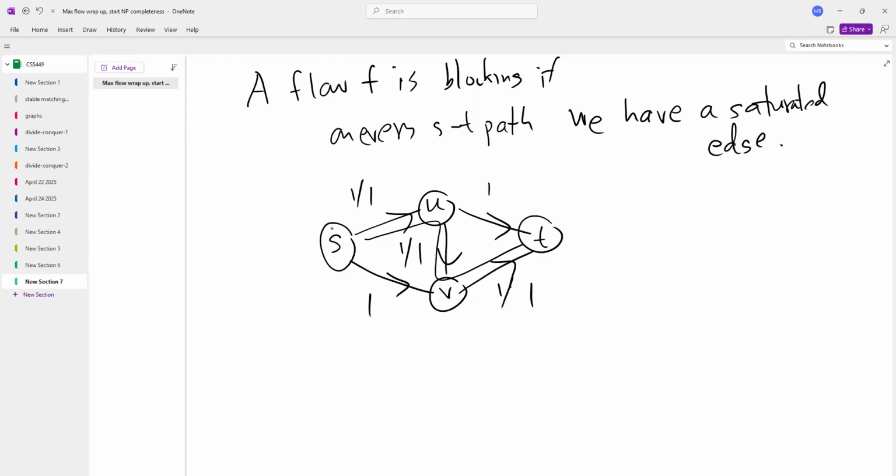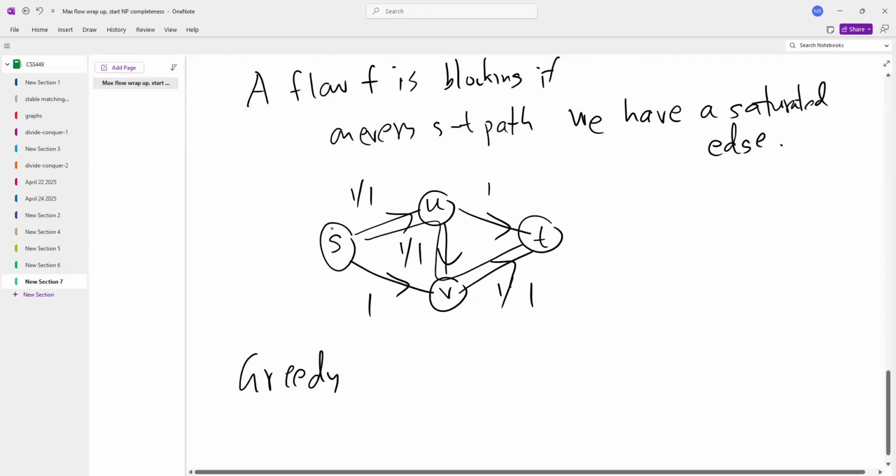So the greedy algorithm that we saw before Ford-Fulkerson doesn't return an optimal flow, but returns a blocking flow.